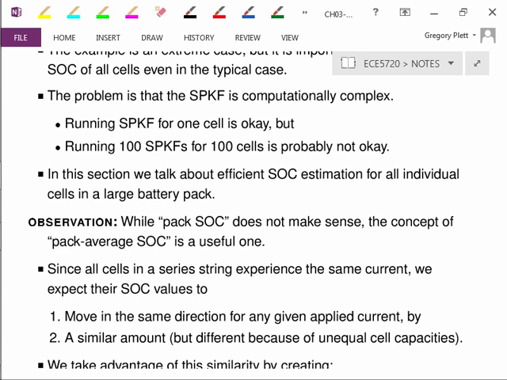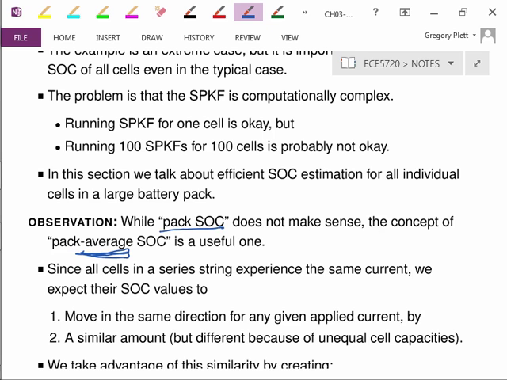We can define something called pack average SOC, and the key is by adding this word average, we remind ourselves that there is a diversity of SOC among the cells, but we could compute an average of that diversity rather than this term, which kind of says there's a monolithic thing that is pack SOC, and that doesn't make sense. So this pack average SOC can be a useful concept.